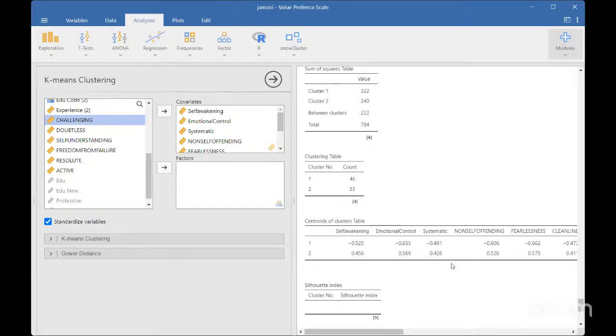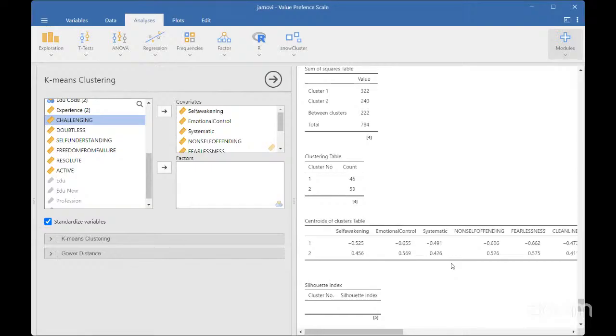Therefore, if I want to give psychological counseling to the people, we have to pay much attention to the number one case because they are the negative centroid.